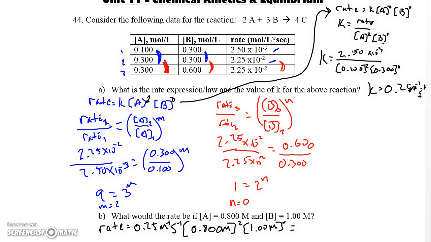I plug that into the calculator, and it should spit out 1.6 times 10 to the negative first, and that's going to be in the units I have up here, either moles per liter per second or molarity per second. And that's how that problem's done.